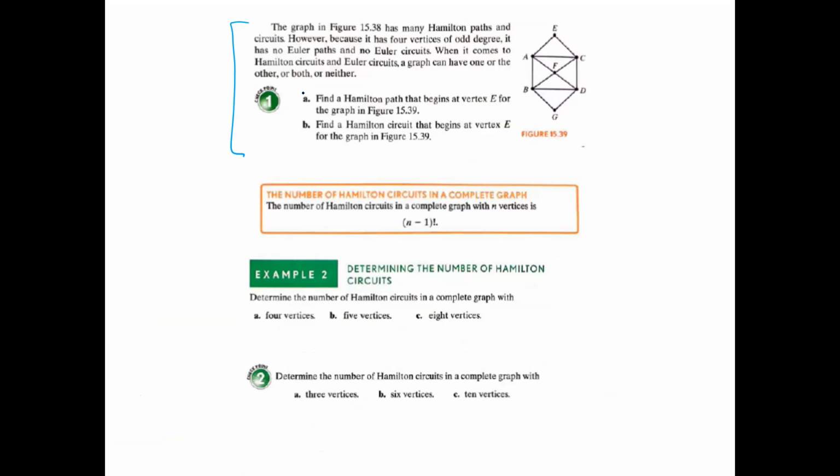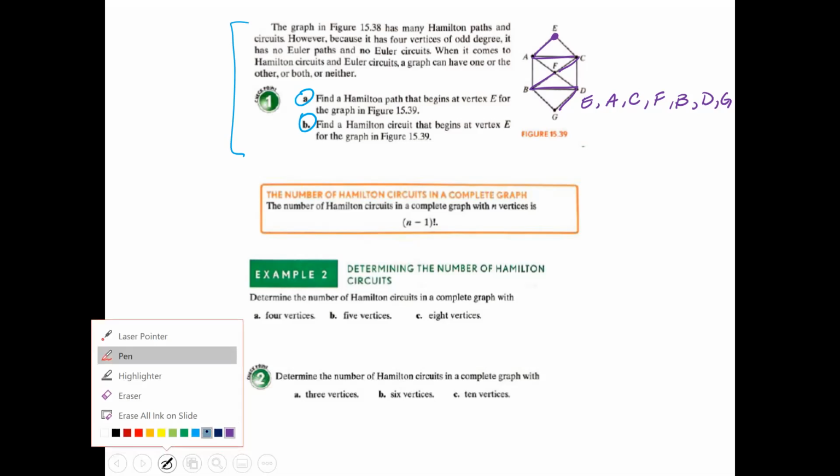Okay, so next what I want you guys to do is do A and B. A, find a Hamilton's path that begins at the vertex E for the graph in this figure, and then also B, find a Hamilton circuit that begins at vertex E. Okay, so for A, we start at E. I'm going to go from E to A to C to F to B to D, then to G. Okay, so I touched all of the vertices.